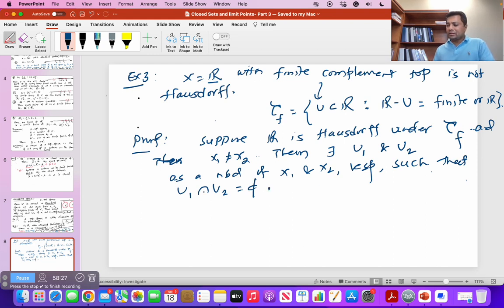If u1 intersection u2 is empty, which implies that u1 has to be inside the complement of u2. So this C means complement.